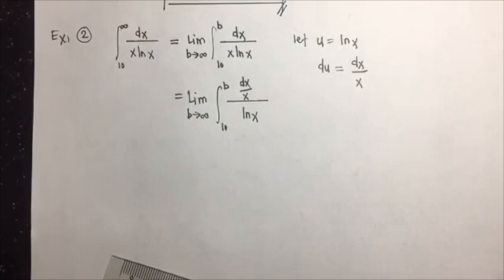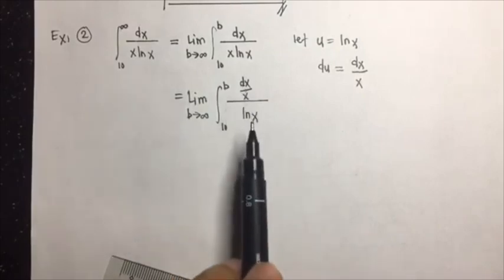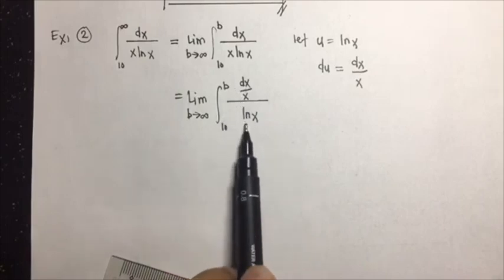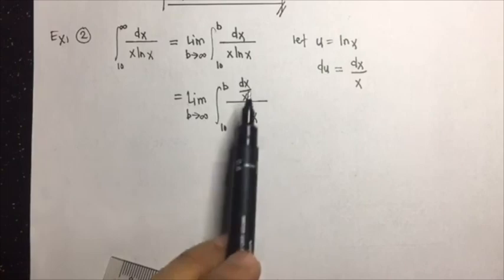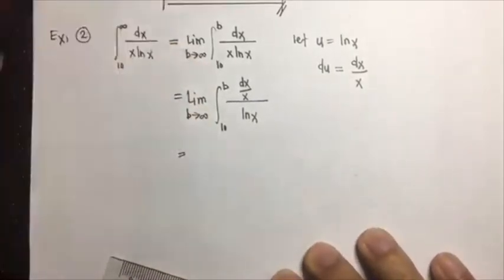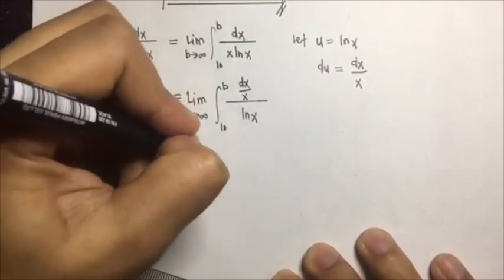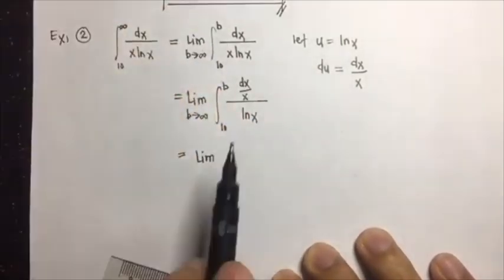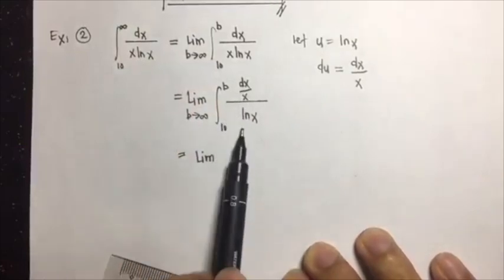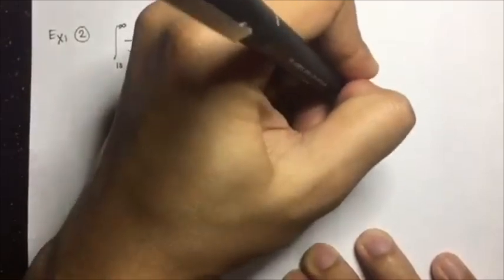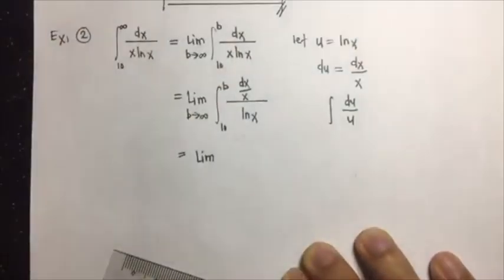Okay, so therefore, since the numerator is the complete differential of the denominator, this can be integrated using the natural logarithm. Integrating this, it is in the form integral of du over u, right?